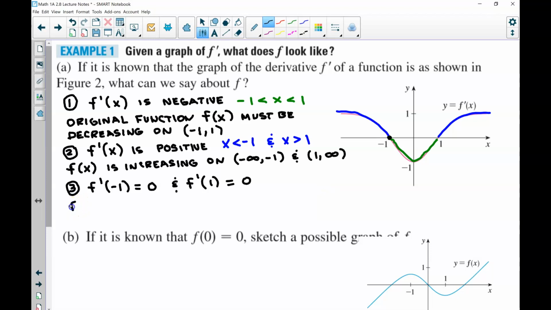So f of x has horizontal tangents when x is equal to +1 and -1.